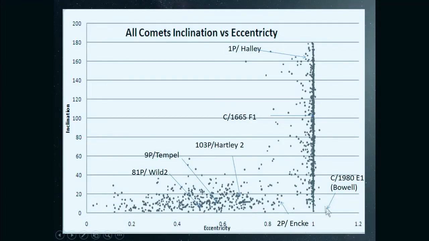And the one that the cursor is pointed to, can you see the cursor there? That's comet Bowell from 1980. And when they worked backwards to where it came from using the coordinates, it turns out it had a close pass near Jupiter, and Jupiter sped it up, and it whizzed close to the sun, it came back out, and it's moving away from the solar system.